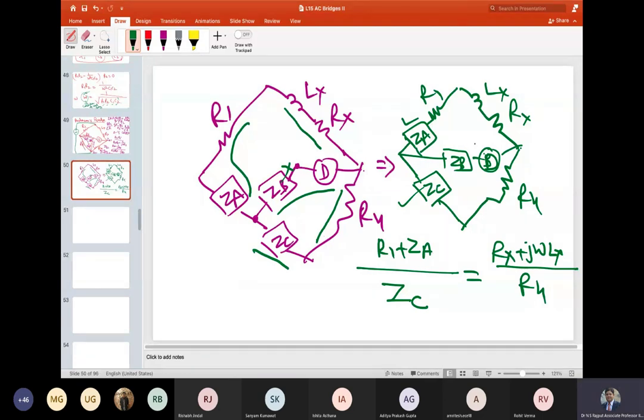ZB has been considered to be an integral component of your detector, and therefore it will not make any difference. Now, since we have these values, you can compare the real part and imaginary part and solve this. You can take it as homework and just try to solve the equation. This is simply solving the equations.